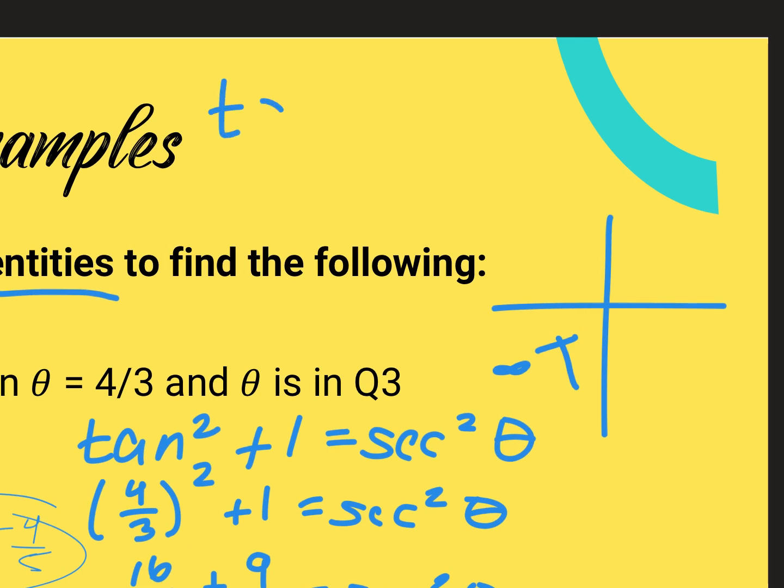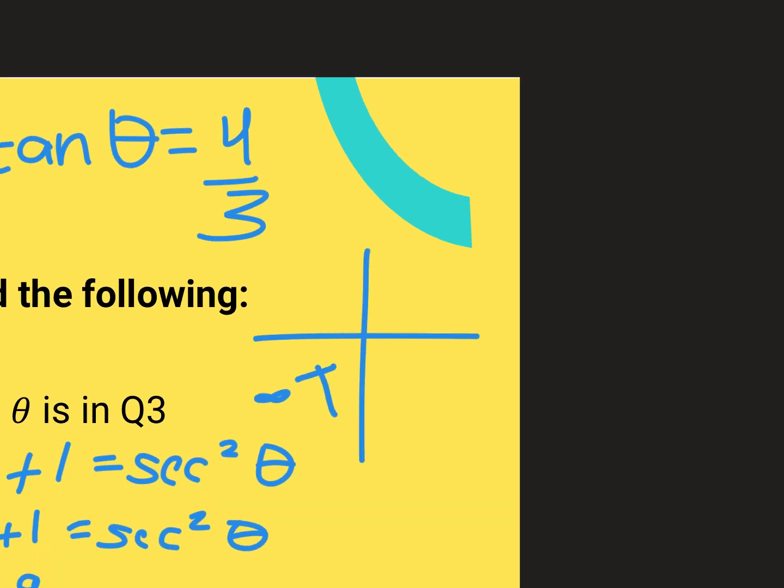They told me the tangent of theta is what? 4/3? Correct? So they told me that x equals 3. They told me y equals 4. What else did they tell me about the x and the y? Why do you know that? Because it's in the third quadrant.